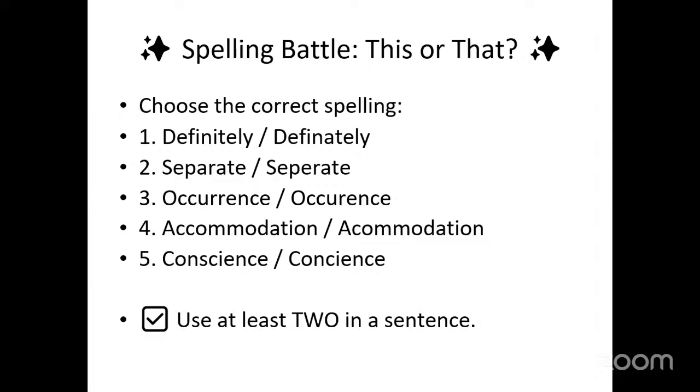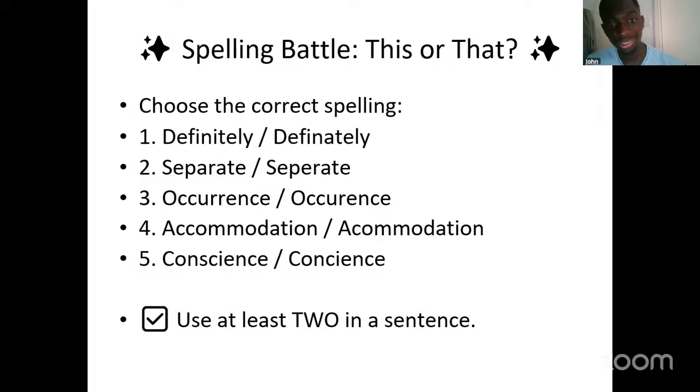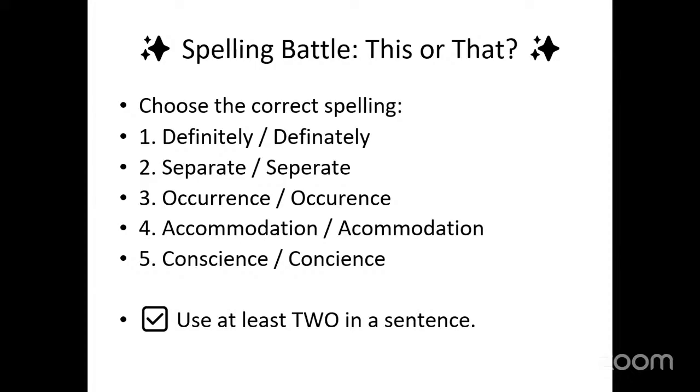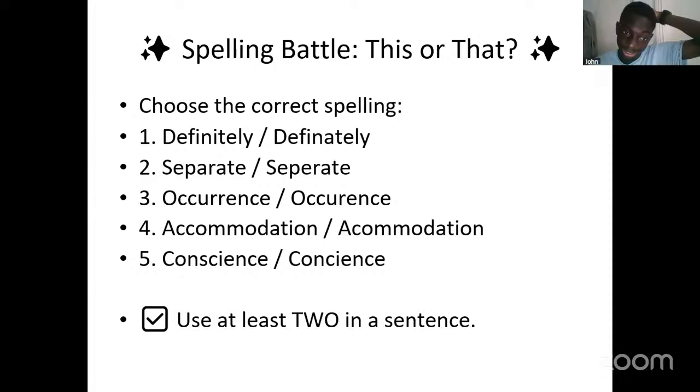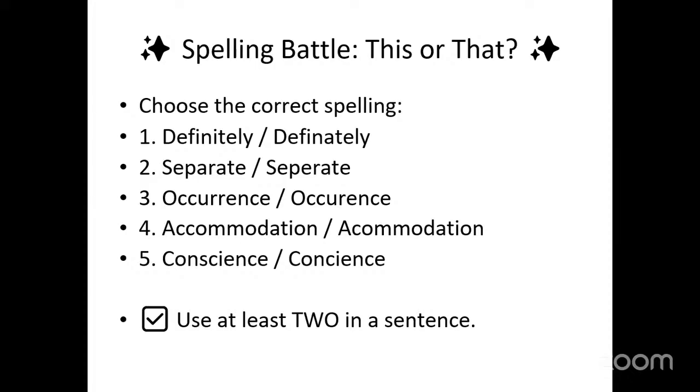Okay. Mind you, you're giving me the correct spellings, not the wrong one. Just to be sure we're on the same page. You can continue. Number four is the second one too. And number five is the first one. So number one, the second, number two, the second, number three, the second, number four, the second, number five, the first.